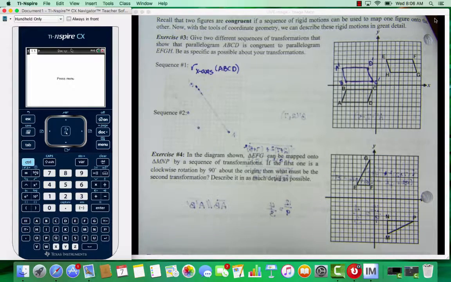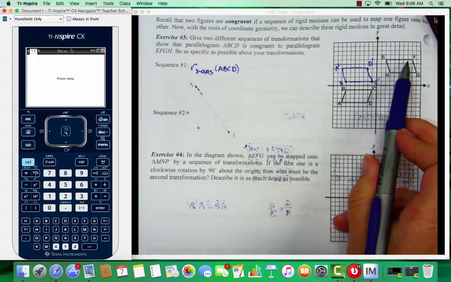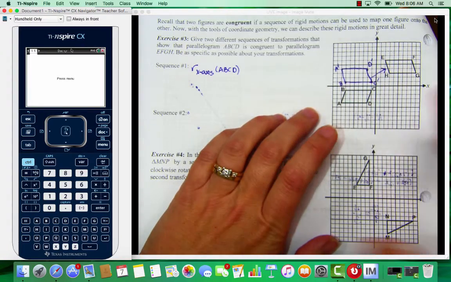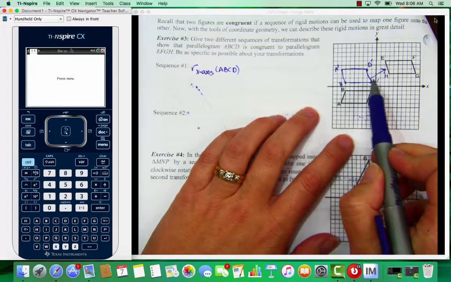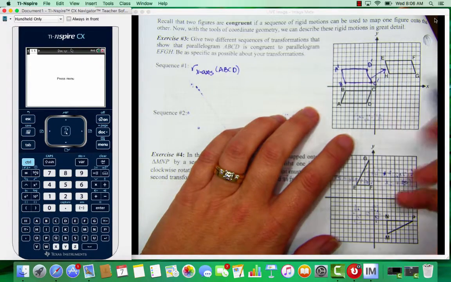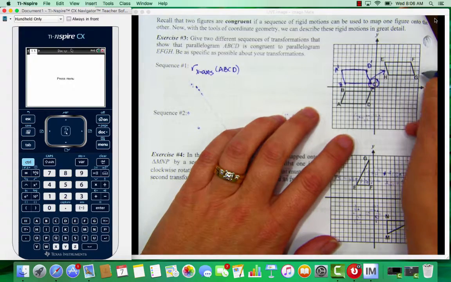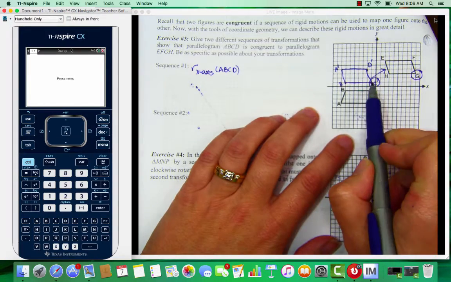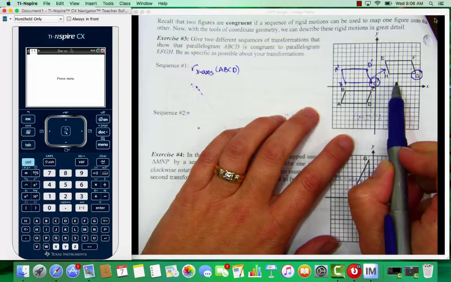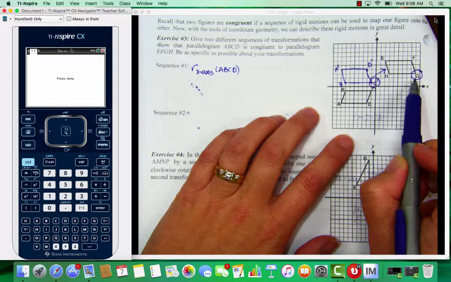And now what I have to do is get this to map onto that one. So I basically have to take it and slide it over here. But I can't just slide it, I actually have to talk about the coordinates moving on the x-axis and the y-axis. So I'm going to pick 2 points that match up, like C prime has to map onto G. I have to get that point over there. So I would have to move it over 1, 2, 3, 4, 5, 6, 7, 8, 9, 10 units, and then up 2.